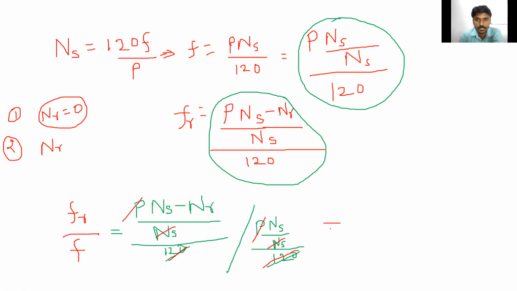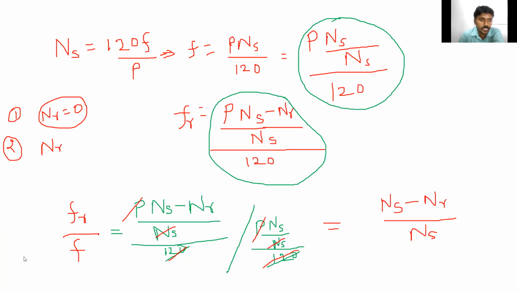So what remains? The remaining term is Ns minus Nr upon by this term Ns. Clear? Means fr, the rotor frequency, by f, the stator frequency, is equal to (Ns minus Nr) upon by Ns.